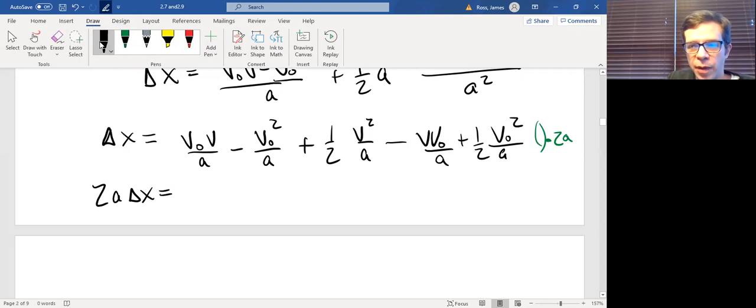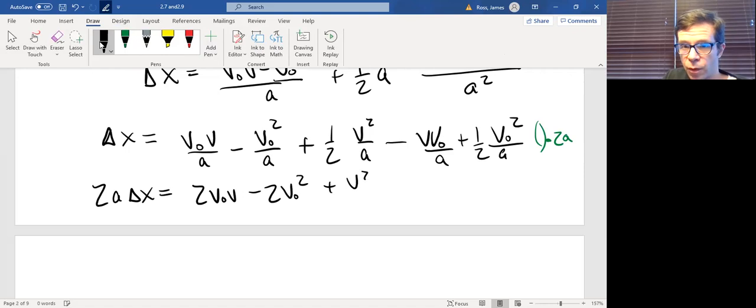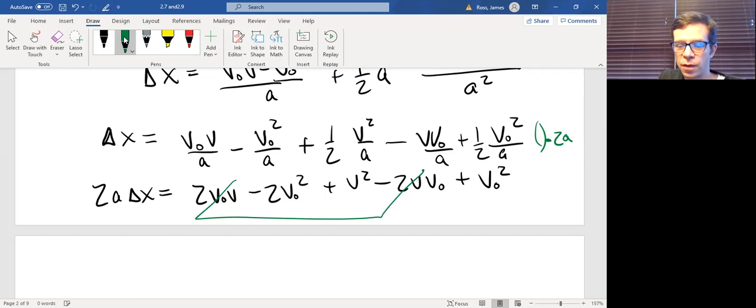When we multiply everything by 2a, we get 2 v naught v minus 2 v naught squared plus v squared minus 2v v naught plus v naught squared. All right, what do we notice here? We notice that this term is going to cancel with this term.